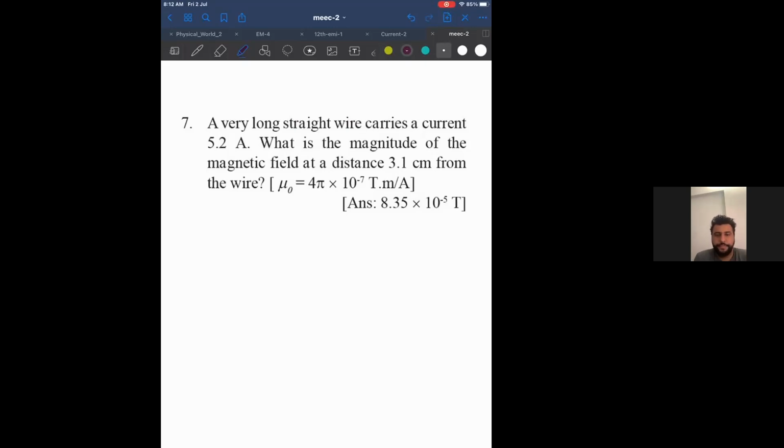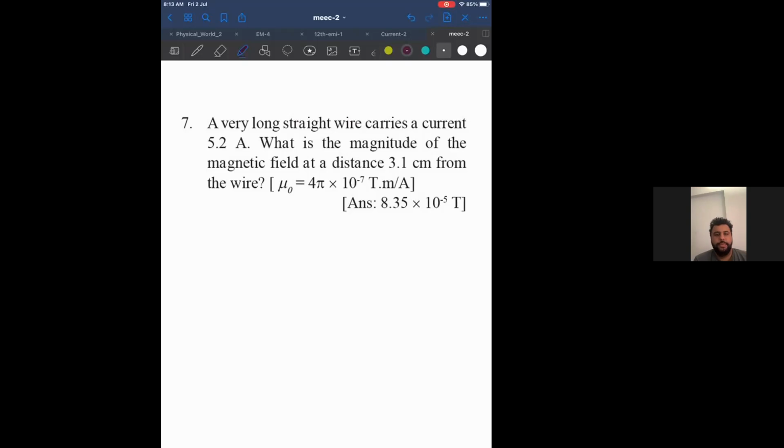Getting it? 3.35 into 10 raised to minus 5. Yes. I hope you understood. The intention of doing this problem is you should understand which formula and the substitution.